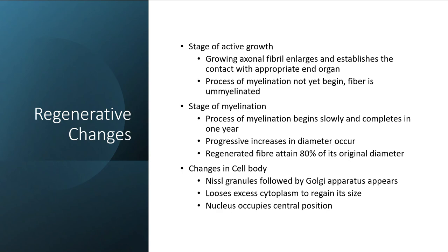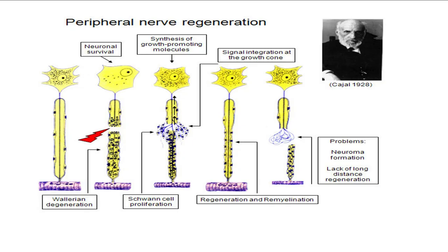Because the cell body is damaged, retrograde regeneration occurs: the Nissl granules and the Golgi apparatus appear again, fluid is lost, the cell body comes to normal size, and the nucleus which had moved towards the periphery comes back to the central position.